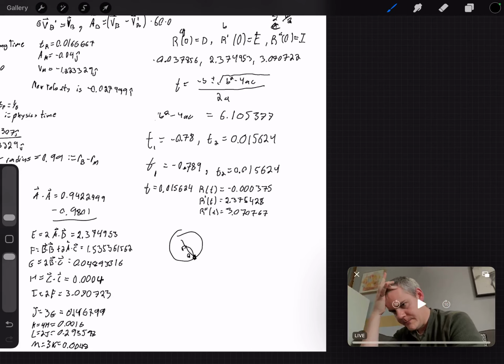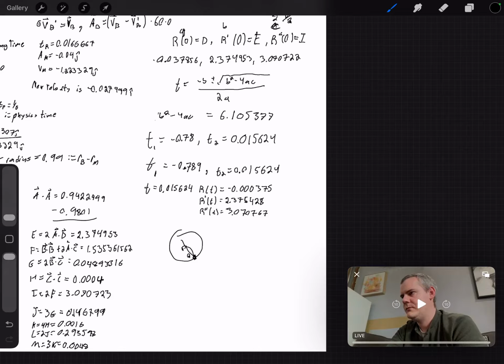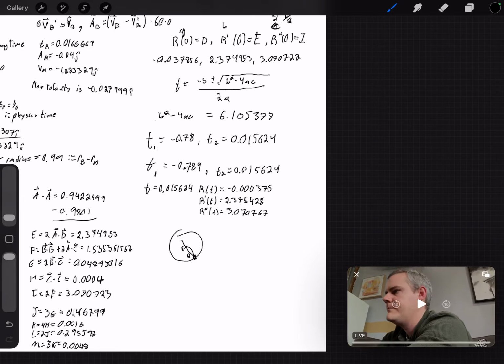What do I do here? If one solution is positive and one is negative, pick the positive. If both solutions are positive or both are negative, I suppose pick whichever one is smaller.